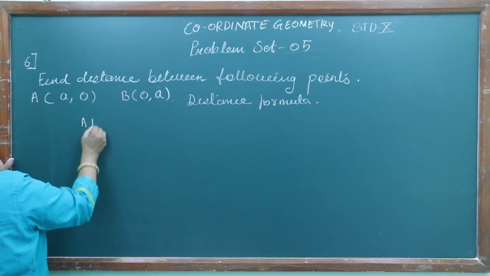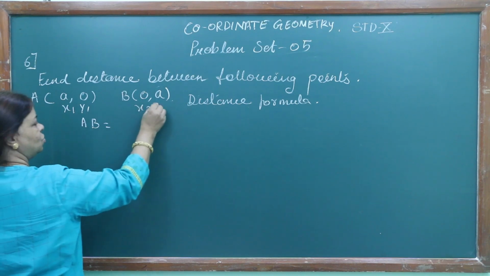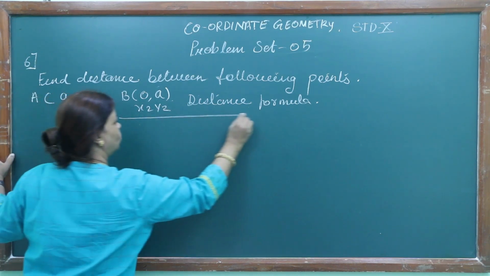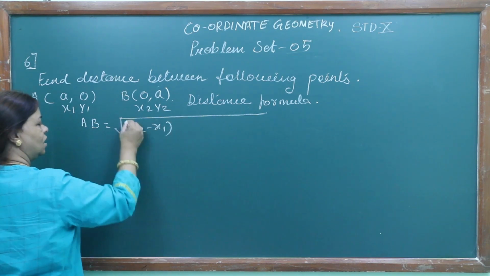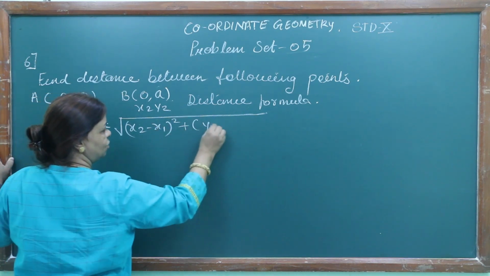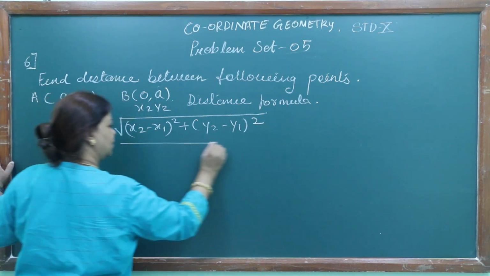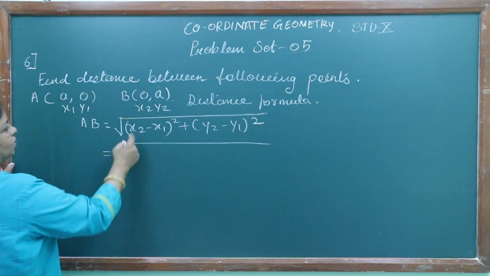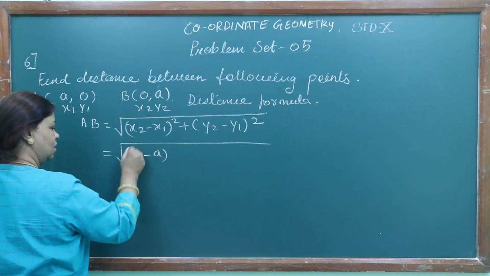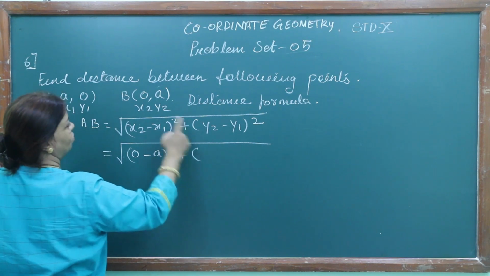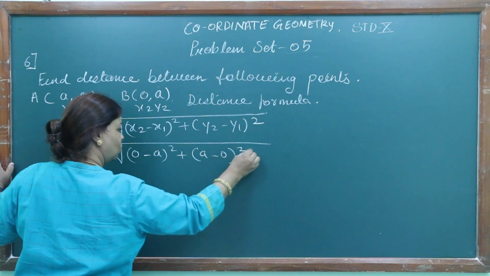So AB is equal to, let me mention it, x1 y1 and x2 y2. So, AB is equal to the square root of x2 minus x1 the whole square plus y2 minus y1 the whole square, and x2 is 0 minus a the whole square plus y2 is a minus 0 the whole square.